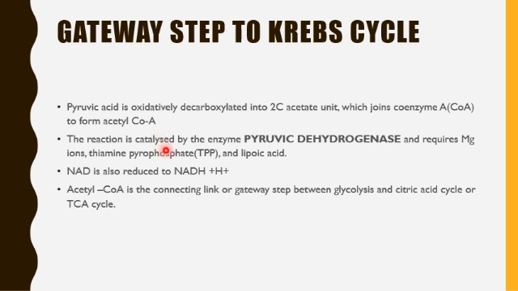The reaction is catalyzed by the enzyme pyruvic dehydrogenase and requires magnesium ion, thiamine pyrophosphate and lipoic acid. NAD is also reduced to NADH plus hydrogen ions. Acetyl CoA is the connecting link or connecting reaction or gateway step between glycolysis and the citric acid or TCA cycle.